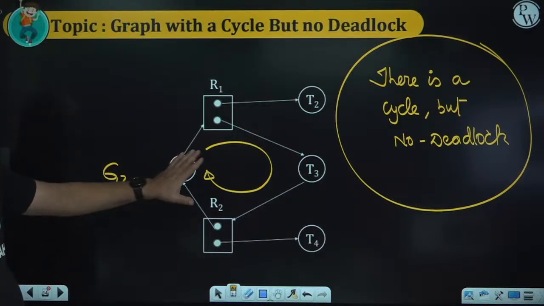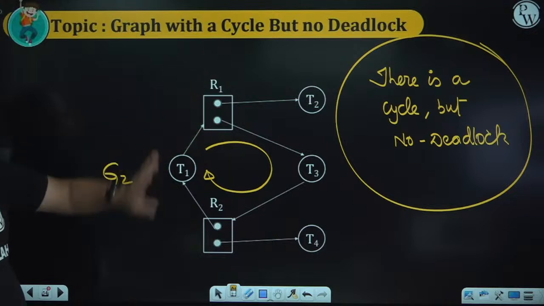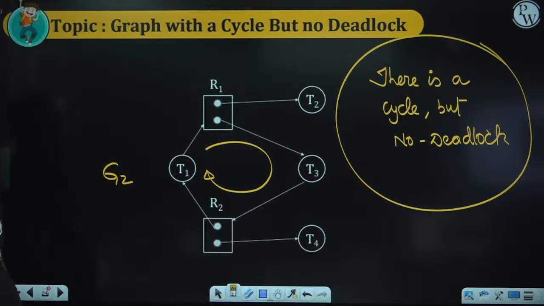यहाँ पर साइकिल है, लेकिन फिर भी हम कह रहे हैं कि there is no deadlock. क्यों? ऐसा क्यों है? Why do you say there is no deadlock here even though we have a cycle? Can you please write down in the chat box? Come on, boys and girls. Can you please write down in the chat box?